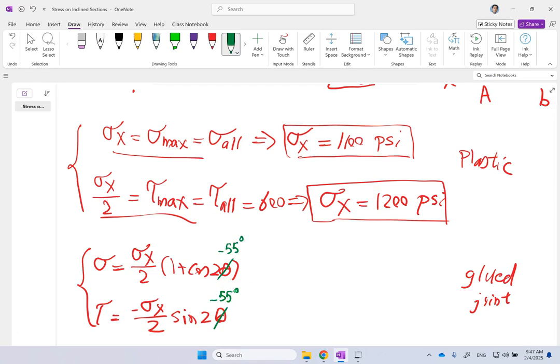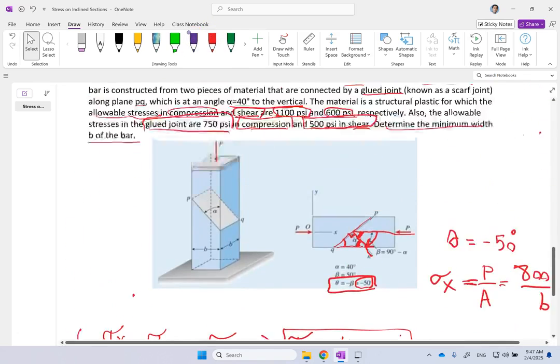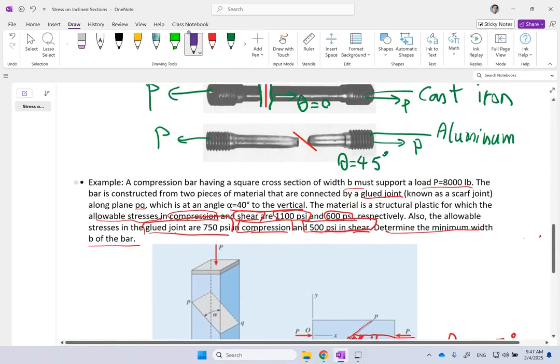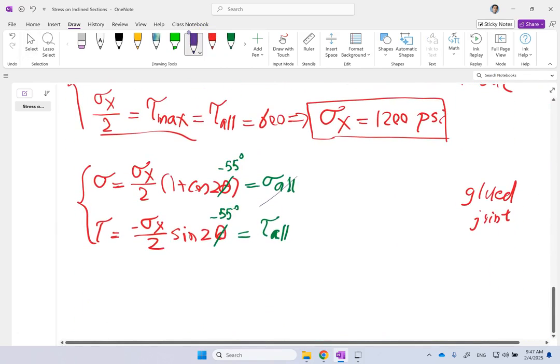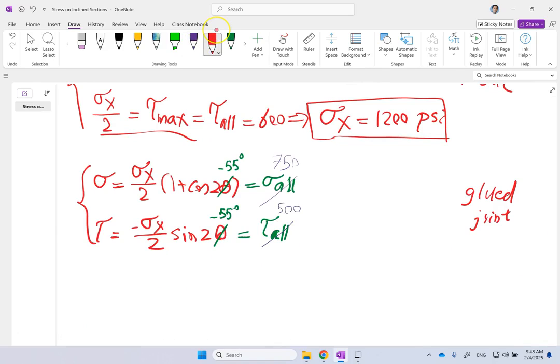And say sigma max could be the same as sigma allowed for the glue, and tau could be the same as tau allowed. And how much are these numbers? Sigma allowed for the glue is 750 and the other one is 500. So from these two, you can find two other numbers for sigma x.